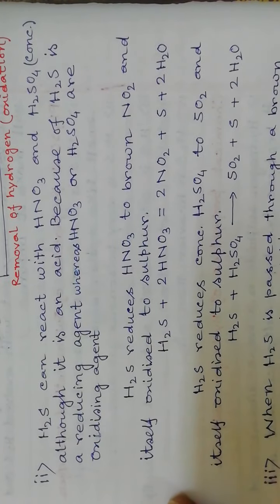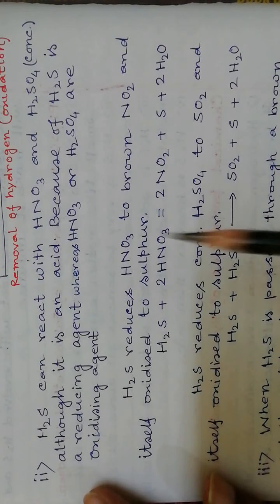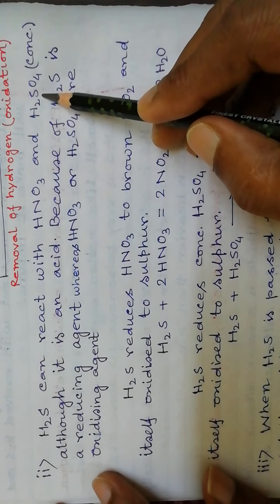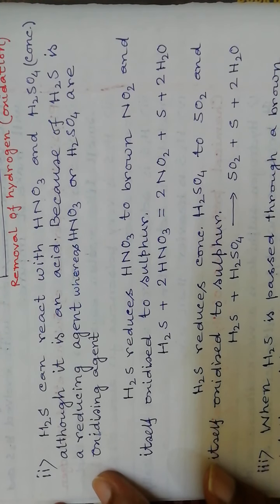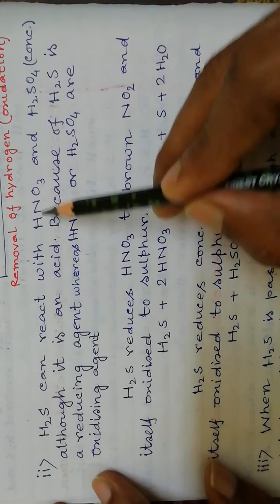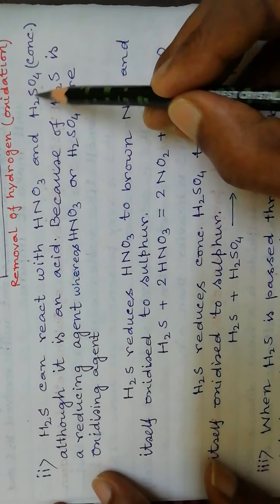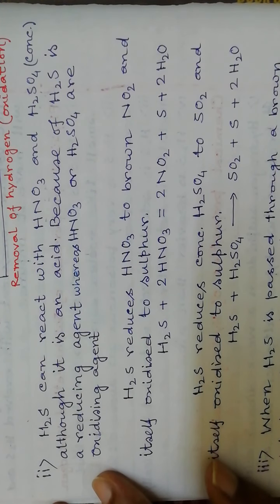Now, H2S is an acid, but it can react with two other acids, nitric acid and concentrated sulfuric acid. Now the question is why? H2S is an acid, but it is a reducing agent. HNO3 and concentrated sulfuric acid are the two oxidizing agents.